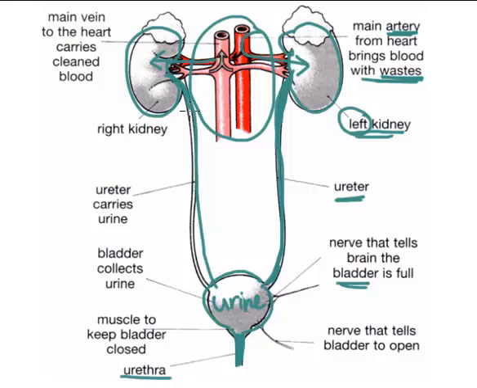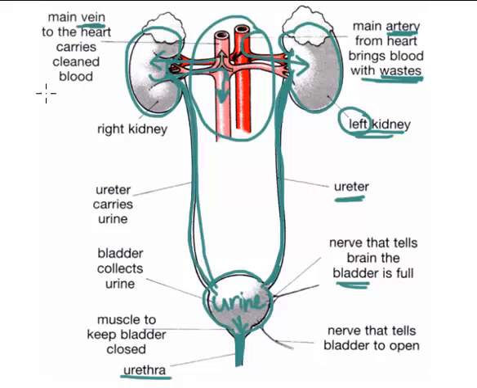The waste substances are going to be in the form of urine, which are collected in the bladder and then excreted to outside the body. The purified blood is going to return to the rest of the circulatory system via a renal vein.